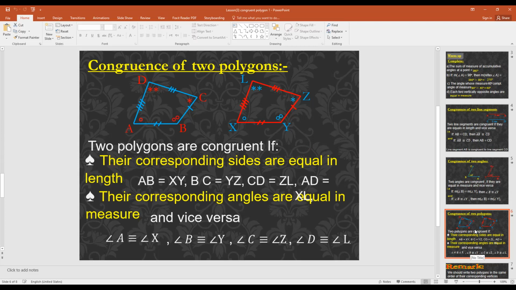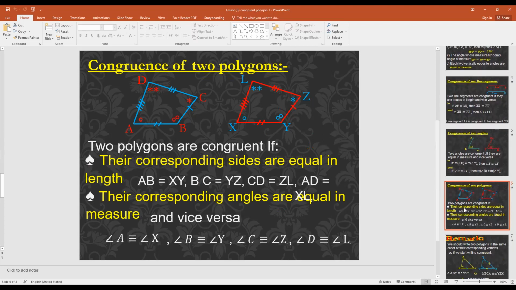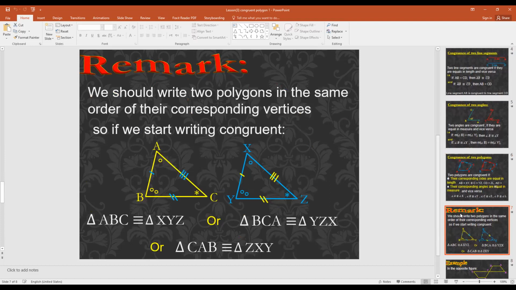All sides in the first polygon are congruent to the corresponding sides in the second polygon, and all angles in the first polygon are congruent to the corresponding angles in the second polygon. And don't forget to write the two polygons in the same order.